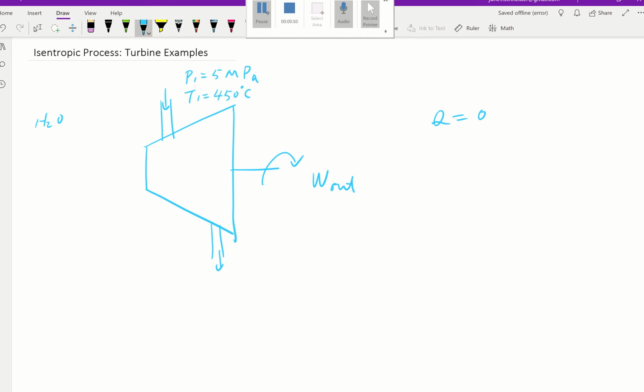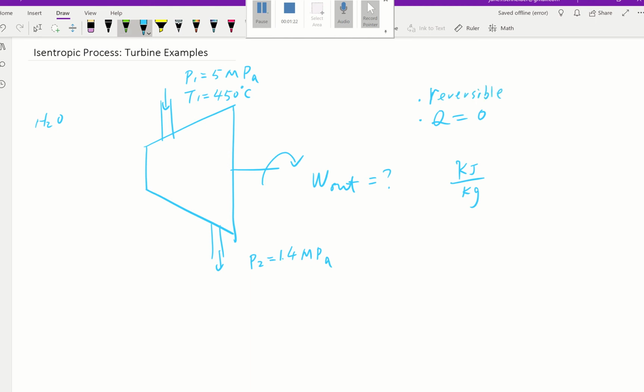And then at the exit, the pressure has dropped to 1.4 megapascal, and we need to find the work out of the turbine per unit mass, in kilojoule per kilogram. They also say this process is a reversible process.